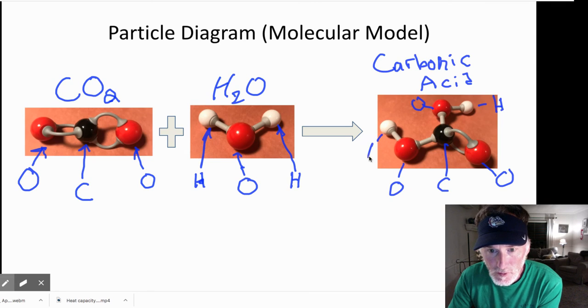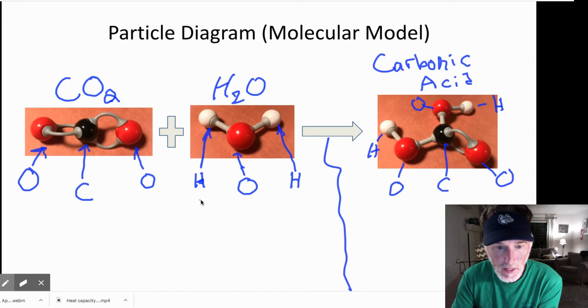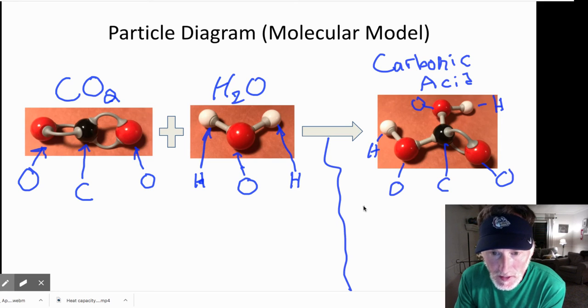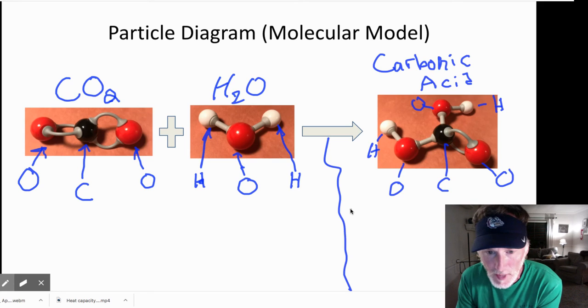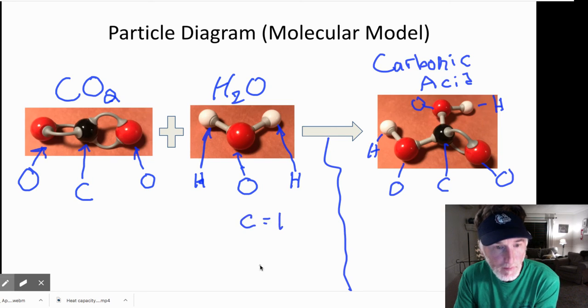Now, if you look at these, and we can just draw a line here, if we count our atoms, they should be equal. Conservation of mass says that in any chemical reaction, matter cannot be created nor destroyed. So we need to have an equal amount on both sides. Let's count those up. On the left side, we have 1 carbon atom.